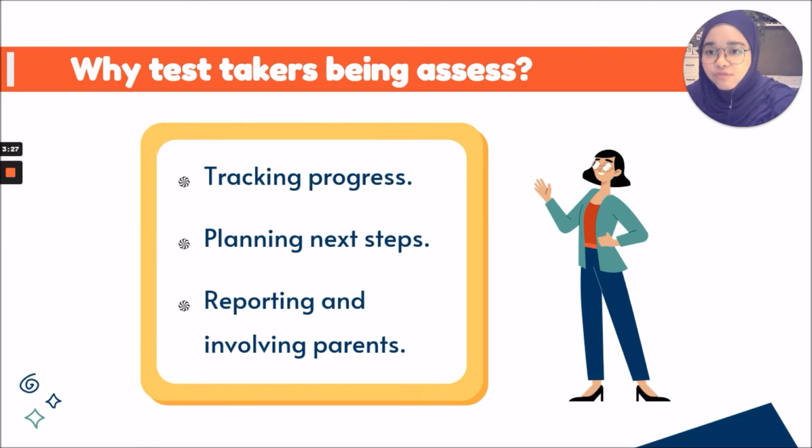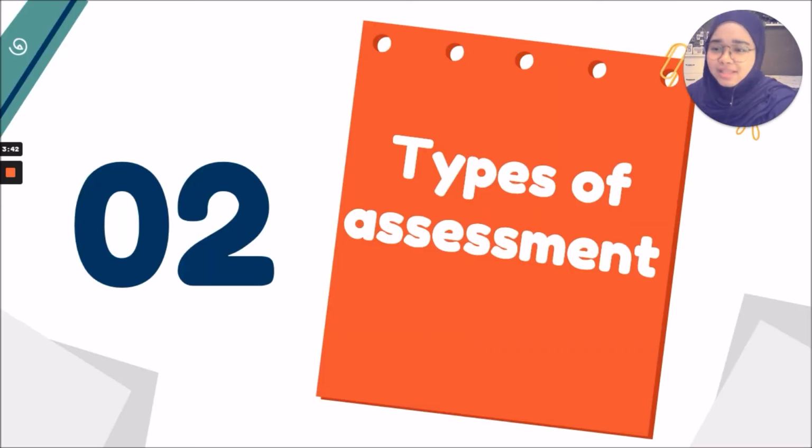So after receiving this information, the teacher can reflect on each student's level of achievement, as well as on the specific inclinations of the group to customize their teaching plans. Okay? So next, we have types of assessment.